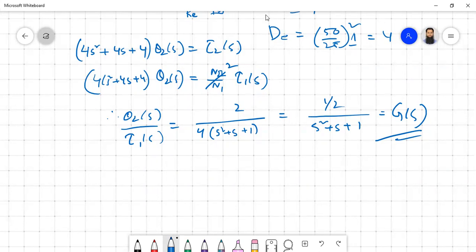In the next class, we'll be discussing article 2.8, that is electromechanical system transfer function. That will be our next topic. Okay, let me stop here in this class, and maybe inshallah we'll see you in the next class.